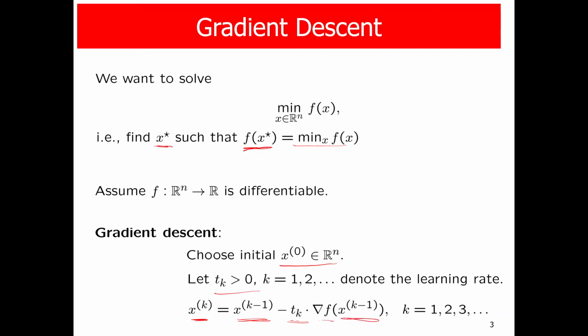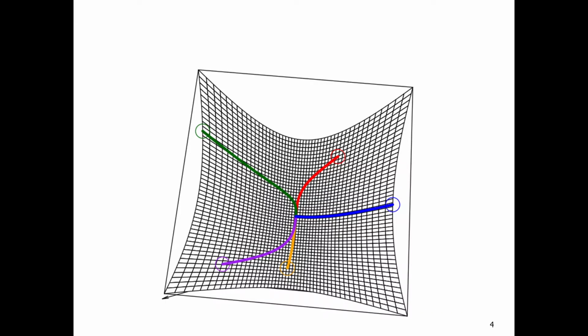Again, we will use this gradient descent algorithm to optimize the weights of the neural network. If function f is strictly convex and the learning rates are set appropriately, then the gradient descent algorithm will converge to the same point independently from the starting point.